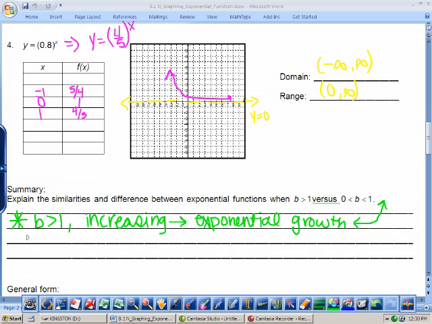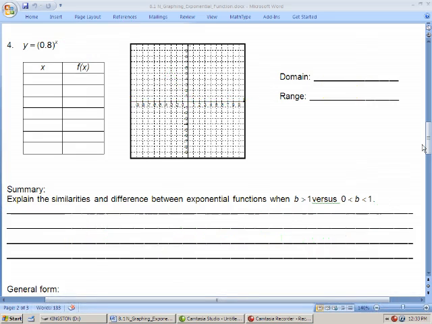Between 0 and 1. All right, everyone okay with that? All right, let's talk about some transformations.